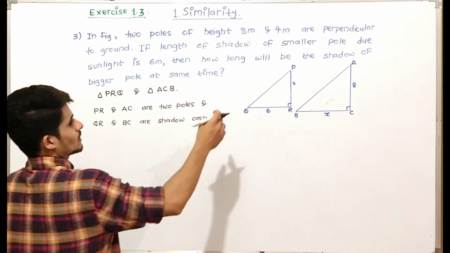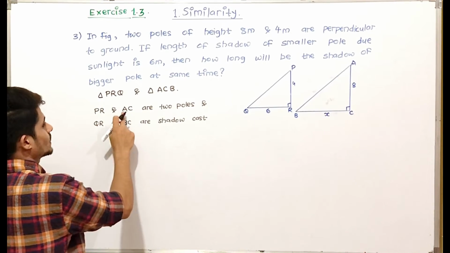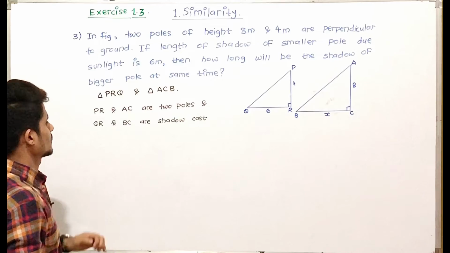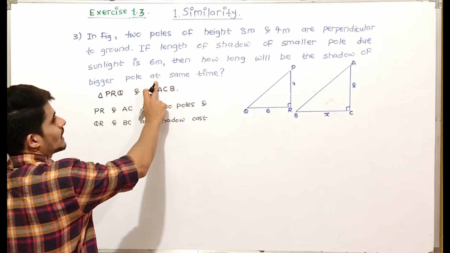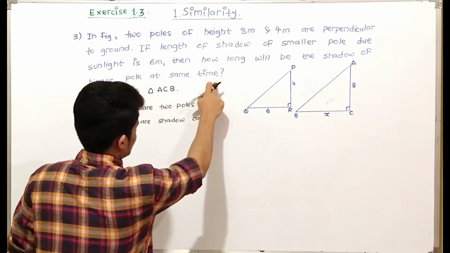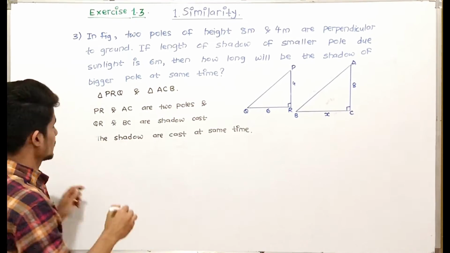That is, the shadow of PR is QR and the shadow of AC is BC. Now if you see, the shadows are cast at the same time.